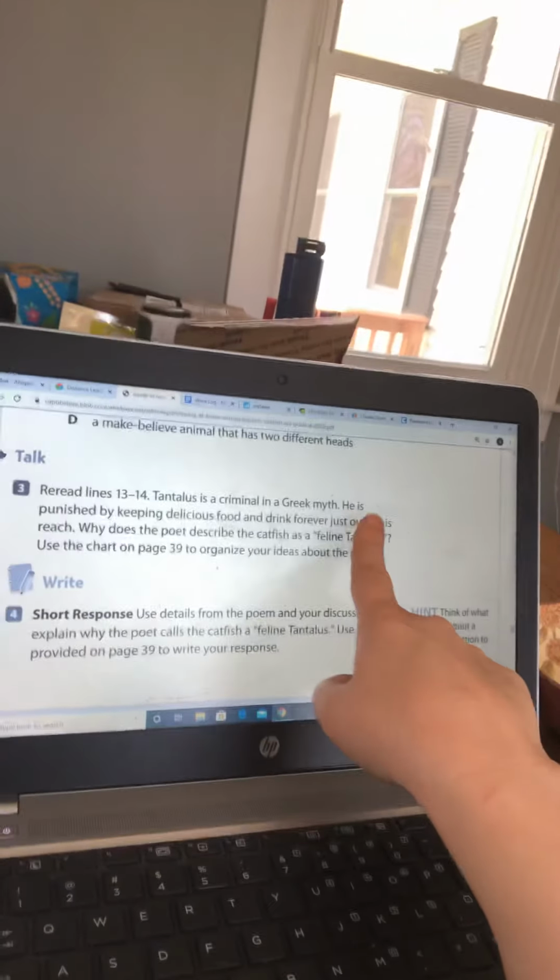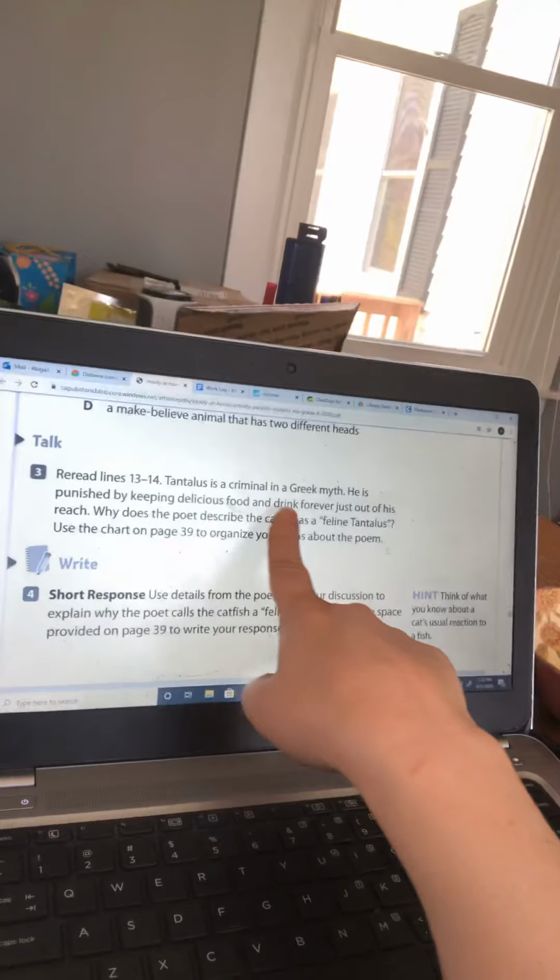So what's the meaning of a feline Tantalus? It's a part cat creature that can't reach its food. Right? Because a Tantalus, let's go back to the Greek myth. A criminal, he is punished by keeping delicious food and drink forever out of his reach. So that's the connection.